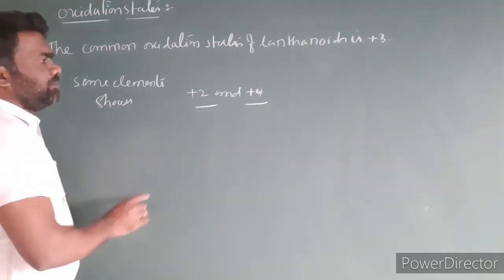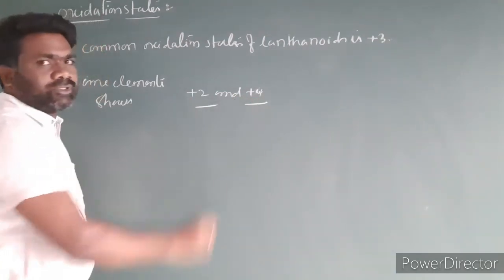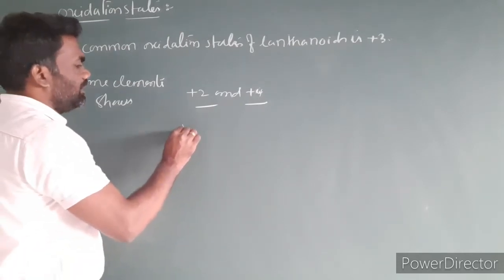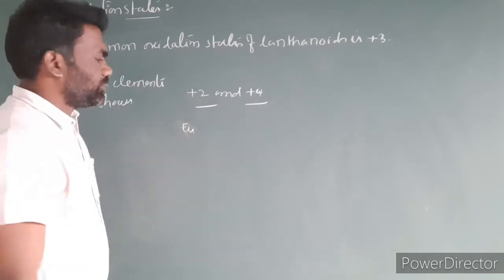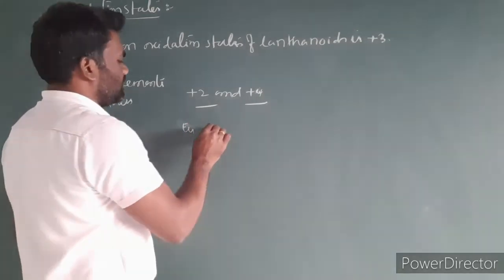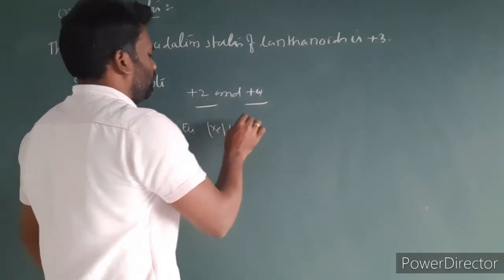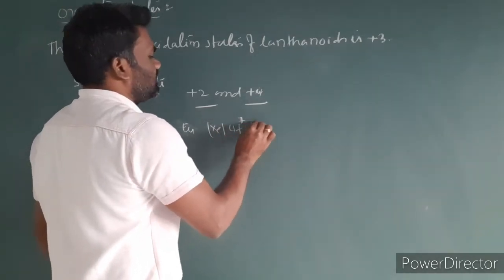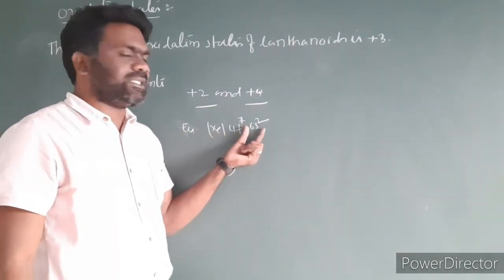So let's look at an example. Which elements show the +2 oxidation state and which element shows the +4 oxidation state? I'm taking europium, Eu. Its electron configuration is xenon 4f7 6s2.